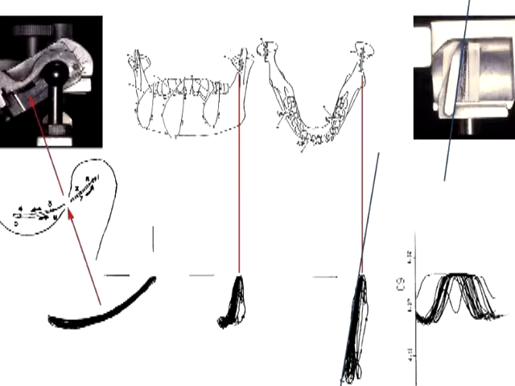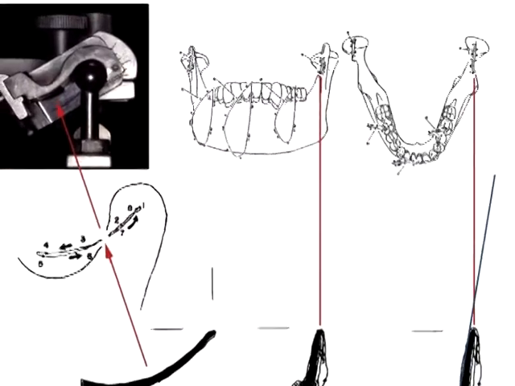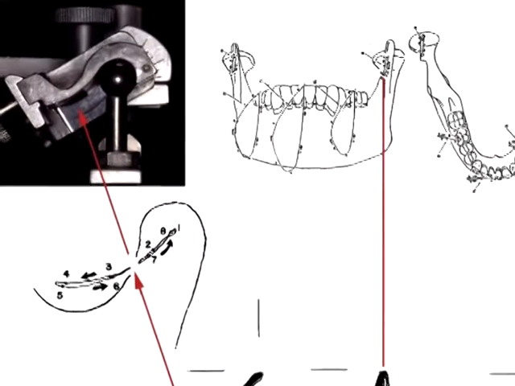Here are 3 views of a non-working side chewing series showing how the condyle movement is related to articulator controls. It shows the sagittal, frontal, and horizontal plane movements, plus a timeline duration of each of the cycles. The sagittal view matches the shape of the eminence of the articulator control.